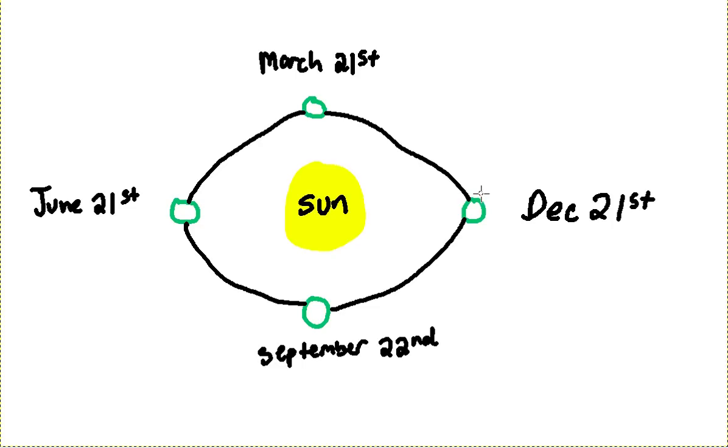So the Earth is actually a little bit tilted here. I should have drawn it much larger so that you could see it. But in December, that tilt is facing away from the sun. And in June, that tilt is facing towards the sun. Now, in September and March, that tilt is neither facing toward nor away.